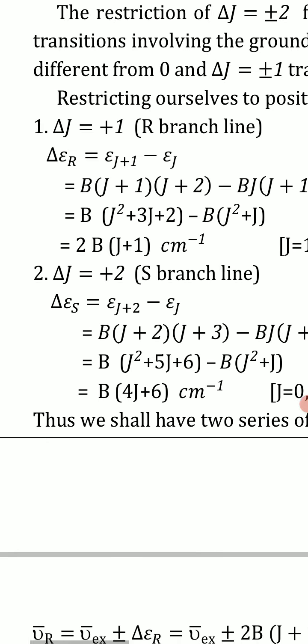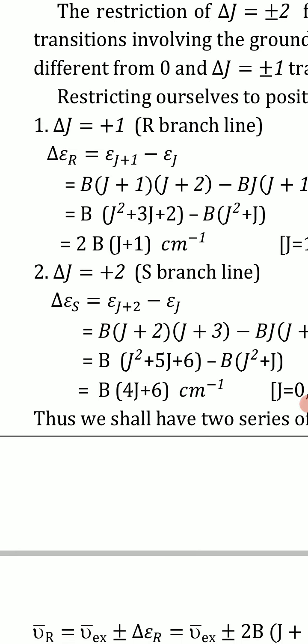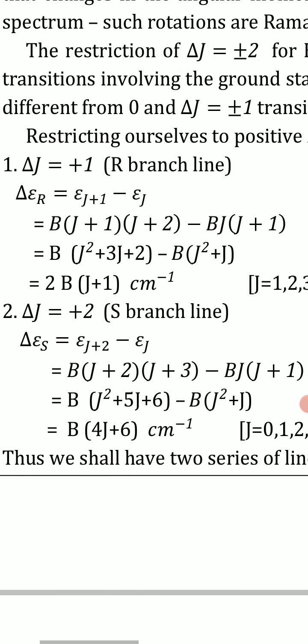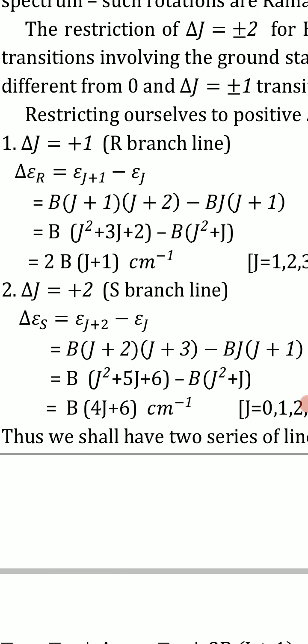By solving this, we get delta E equal to 2B(J+1), and we write this difference in energy as delta E_R for the R branch line, that means for delta J equal to plus 1. So delta E_R is 2B(J+1).